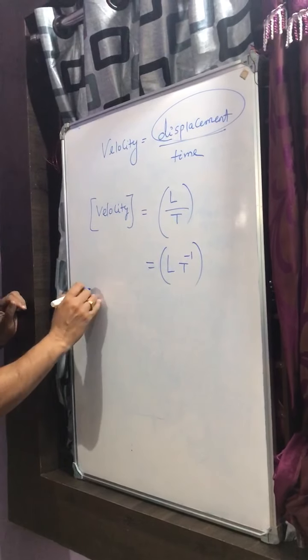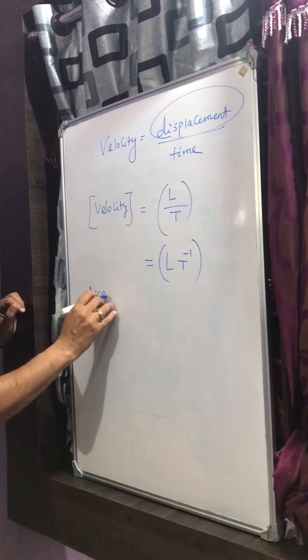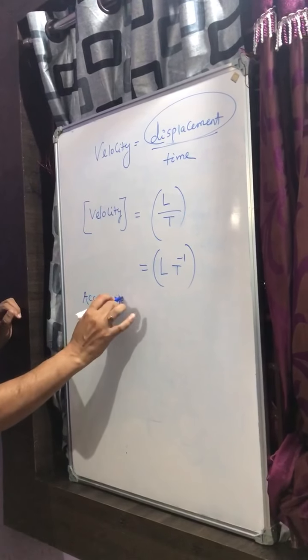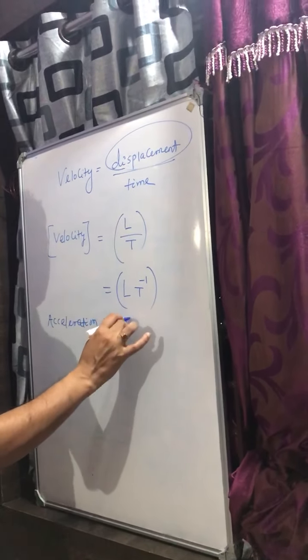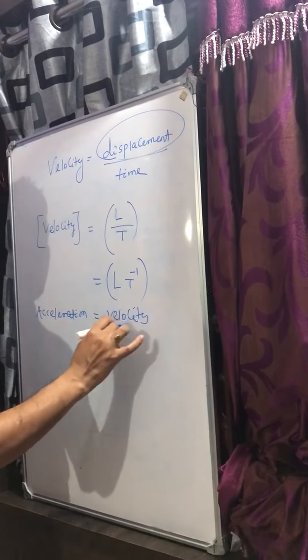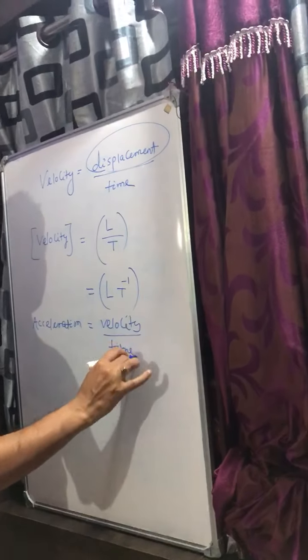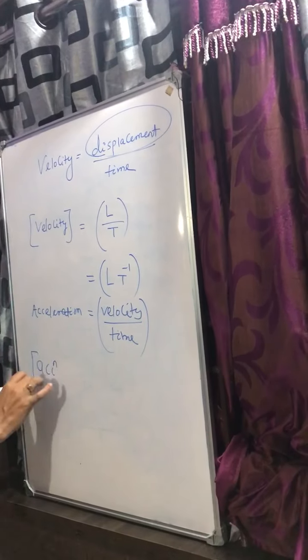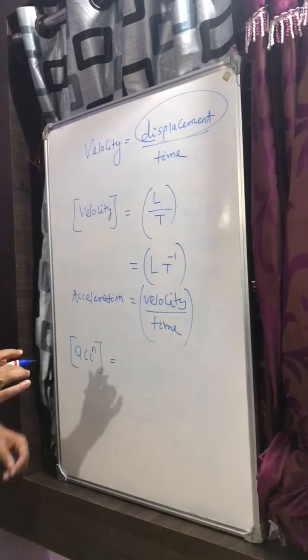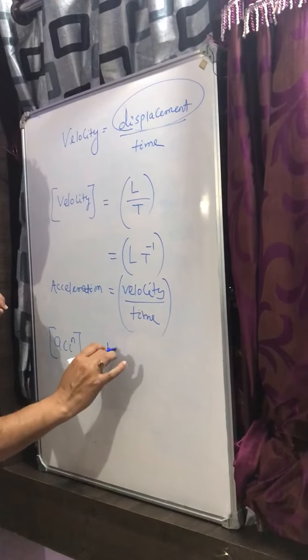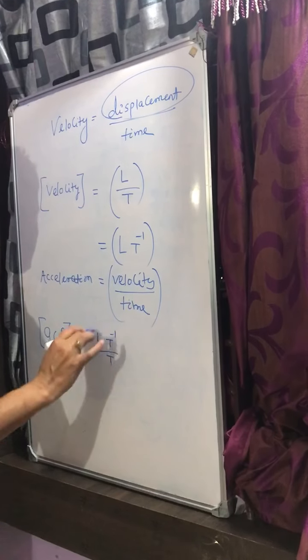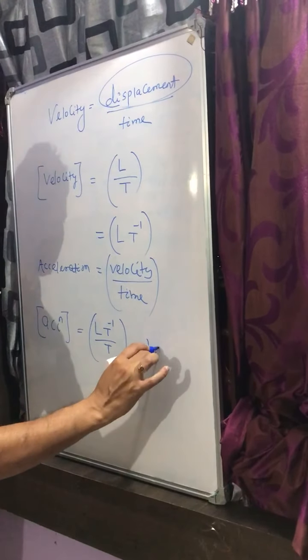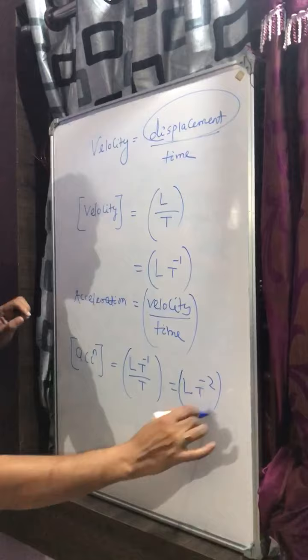Similarly, when I find out acceleration, it is equal to velocity by time. So the dimensional formula of acceleration will be L T minus 1 by T, that is equal to L T minus 2.